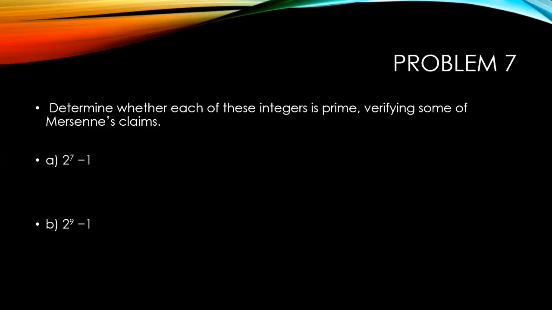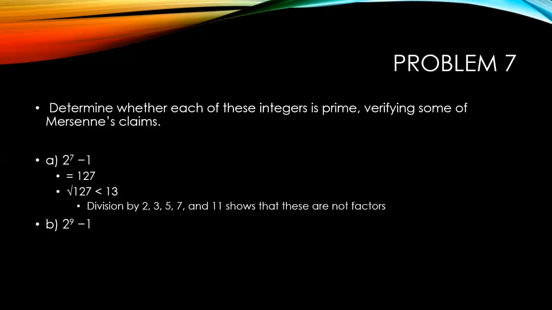Okay, so 2 raised to 7 minus 1. The result is 127. Is it a prime number? Yes. When we divide by 2, 3, 5, 7, 11, none is a factor of 127. So therefore, this is a Mersenne prime number.